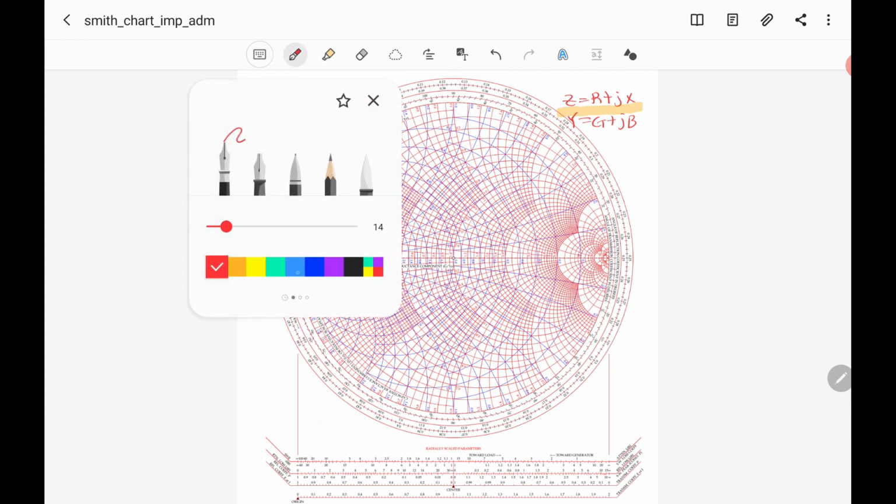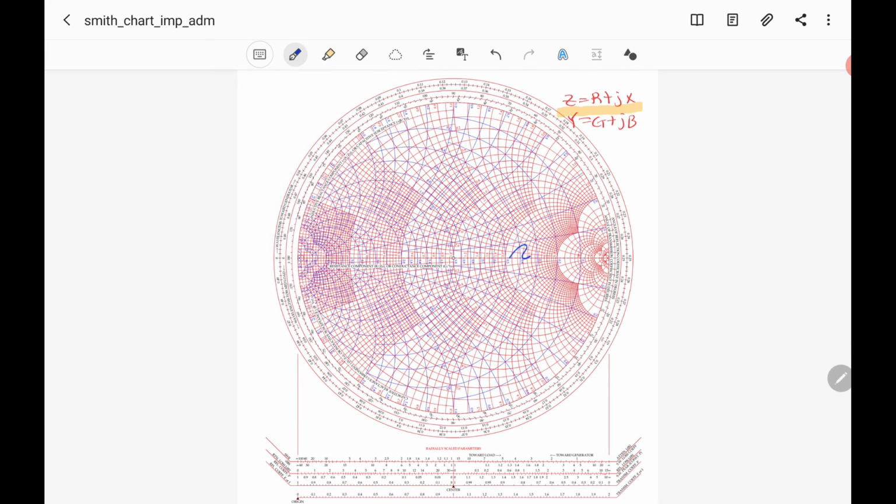So let's change the colors here. You know that this circle is the R equals 1 circle, but is represented as red, right? If you see this red one, this one is X is 1.